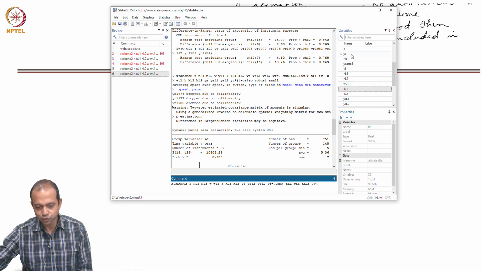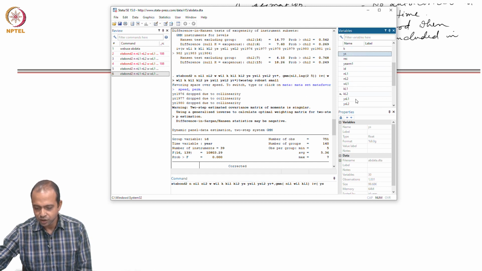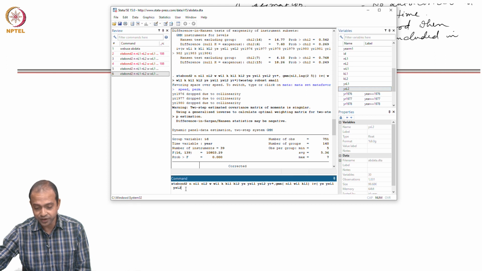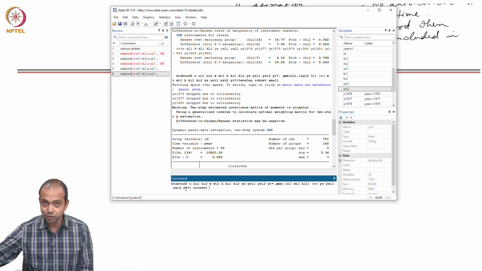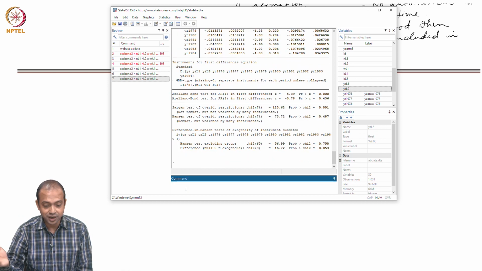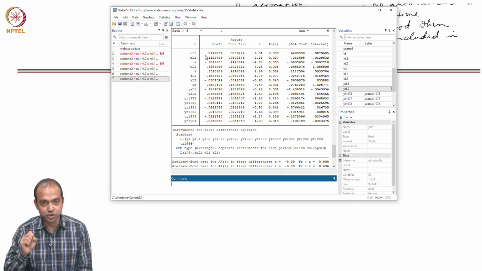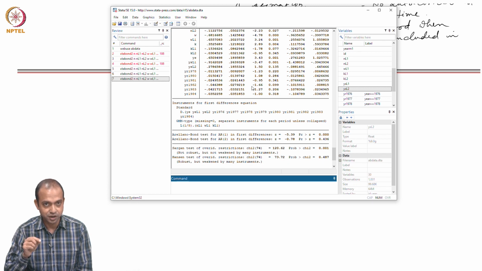So if we do that, then what is happening? The coefficient is lying within the interval, my AR1 is satisfied, AR2 is not there, that is also satisfied, fantastic, and then the Hansen test of over identification is also satisfied. So that means one step difference GMM, by considering the endogenous variables from Y to W and K, has given me a fantastic result, wherein both conditions are satisfied, right.